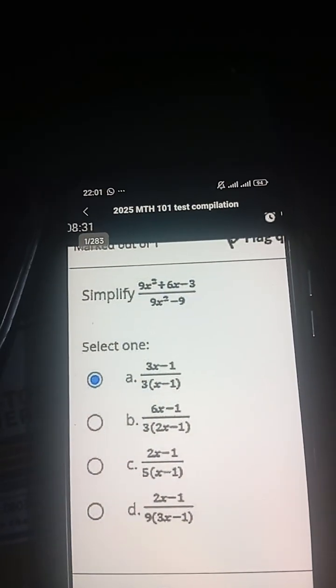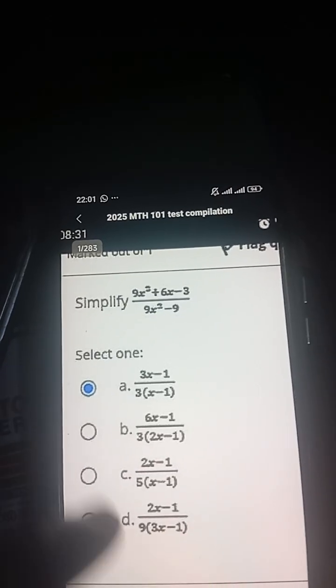Then plus 6x, then minus 3. Then over 9x squared minus 9.